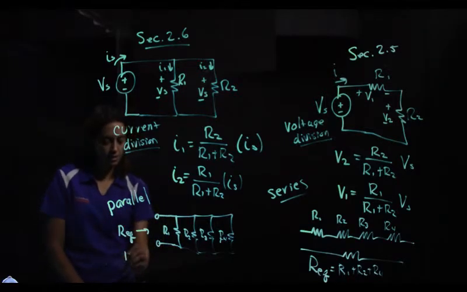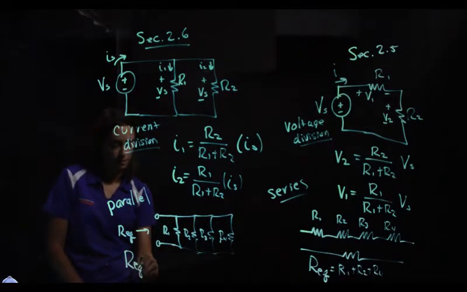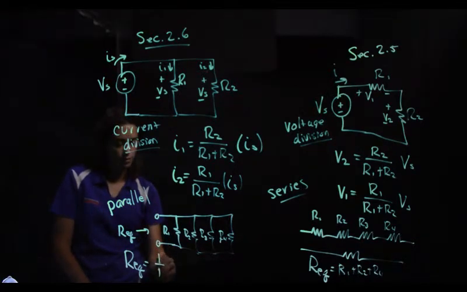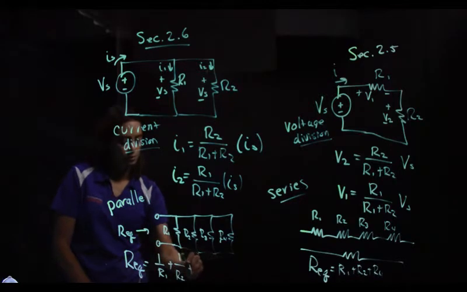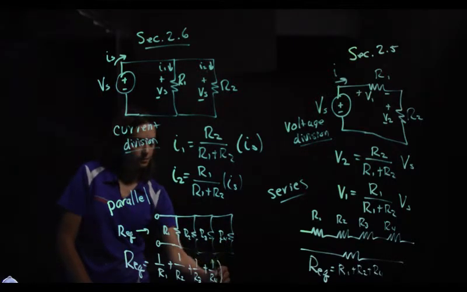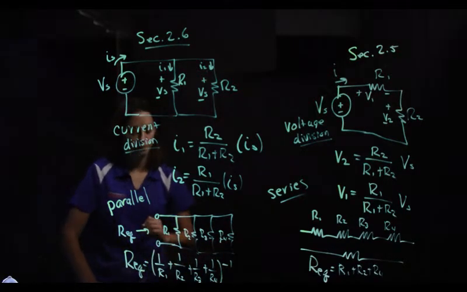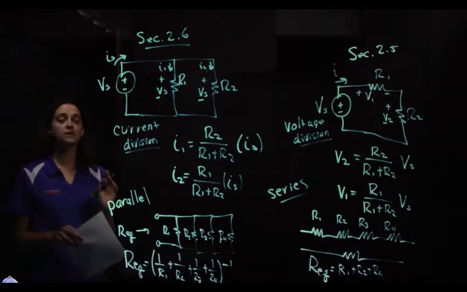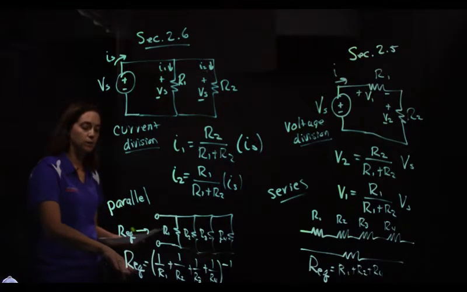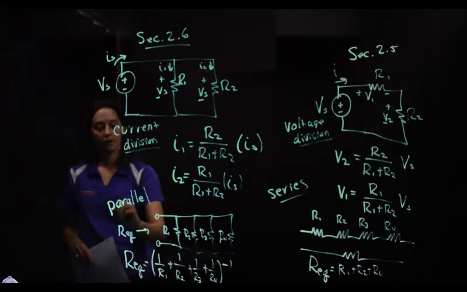Then my Req is equal to 1 over R1 plus 1 over R2 plus 1 over R3 plus 1 over R4, however many we have, to the minus 1. And again, the proof of why this works is in your book. We're not going to do that here, but this is for resistors in parallel.